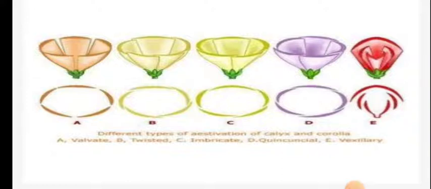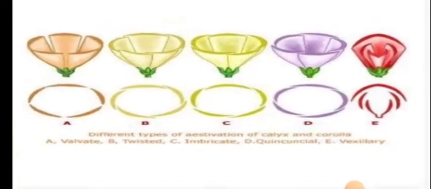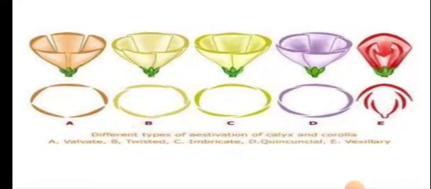You observe clearly each sepal or petal. So one end is inside, one is outside. So like this arrangement. Third one, C, it is showing the imbricate. So one is totally inside sepal or petal, one is totally outside, and three are alternating. So it is called as the imbricate. Then quincuncial, here two are inside, two are outside, and one is alternating.